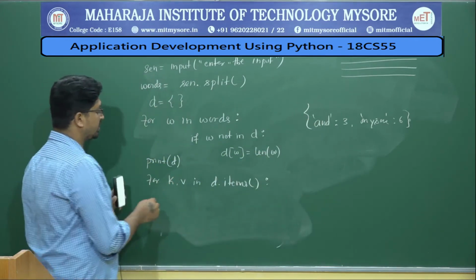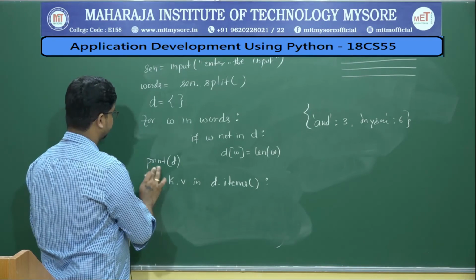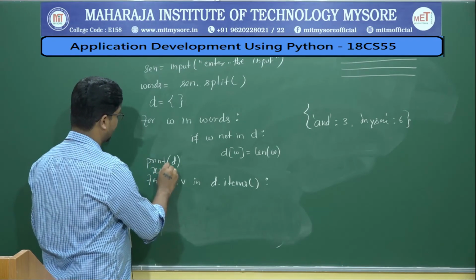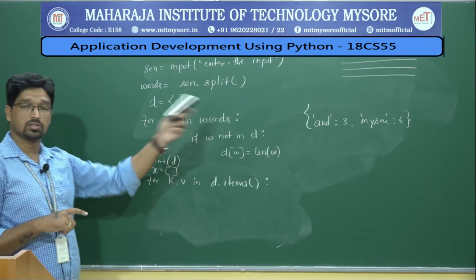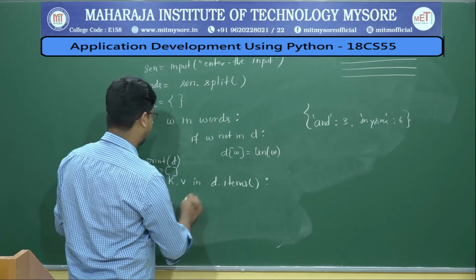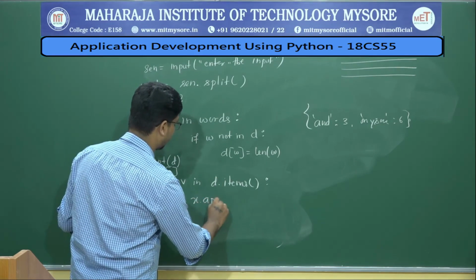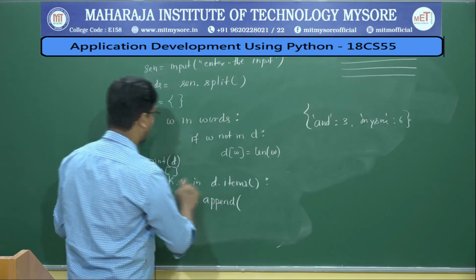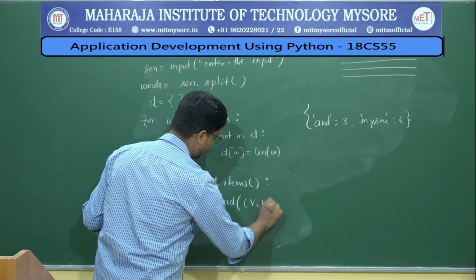For that, you need to consider one more list also. Let us consider x is equal to a list. I am considering a new list to store these values. For that, I will write x dot append. What do I need to append first? I need to append value comma key.